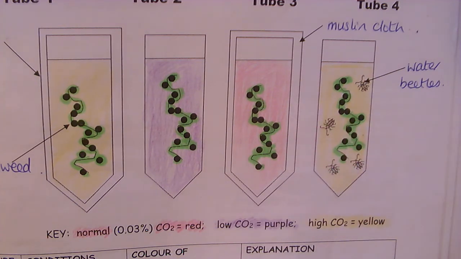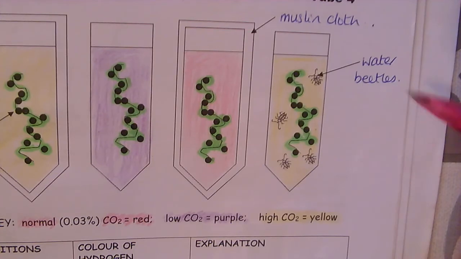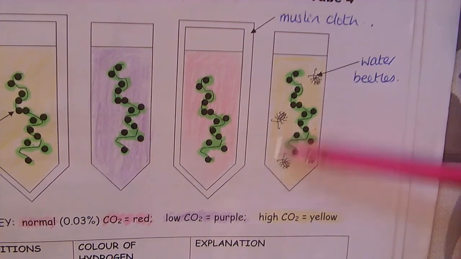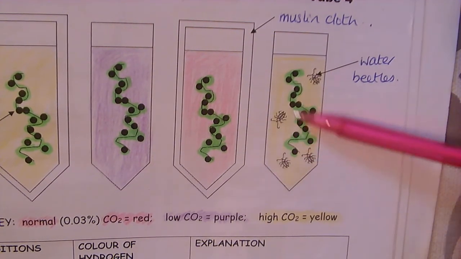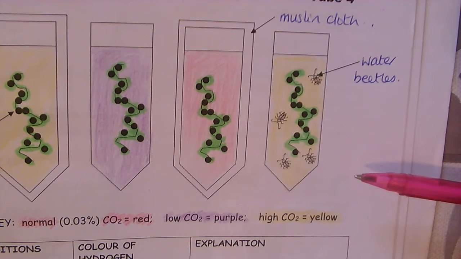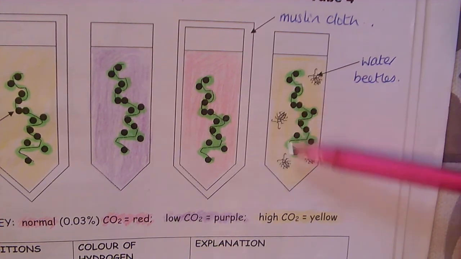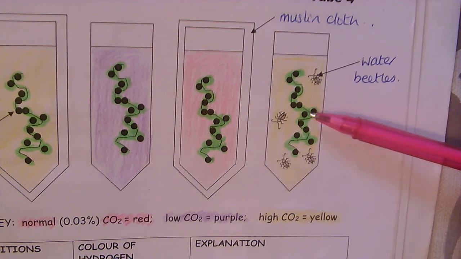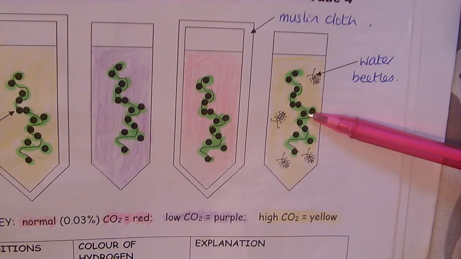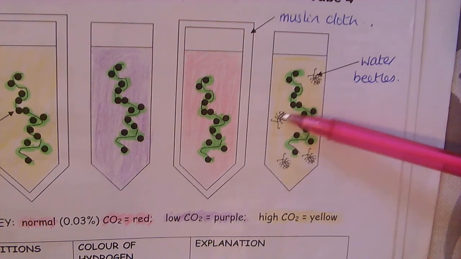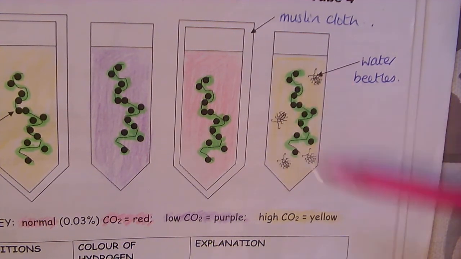Now, in test tube 4, we have got an uncovered test tube. So it's exposed to the light, so the little bit of pondweed can photosynthesize, but they put water beetles in here. So the plant will be carrying out both photosynthesis and respiration. The water beetles will be carrying out only respiration. And our indicator has gone yellow in this one.